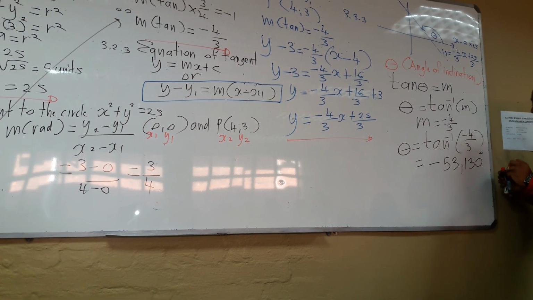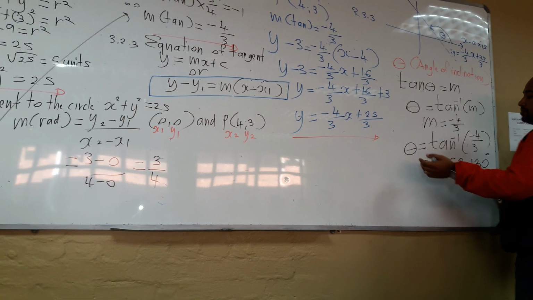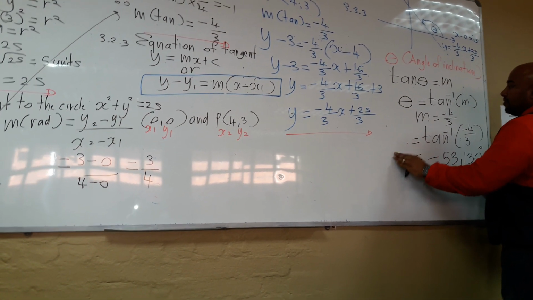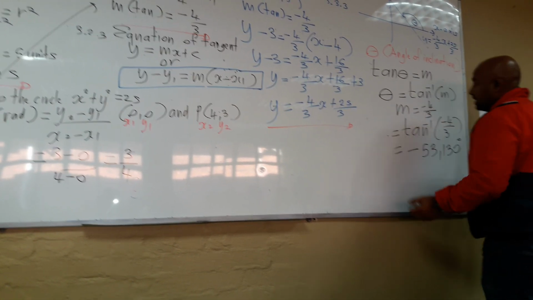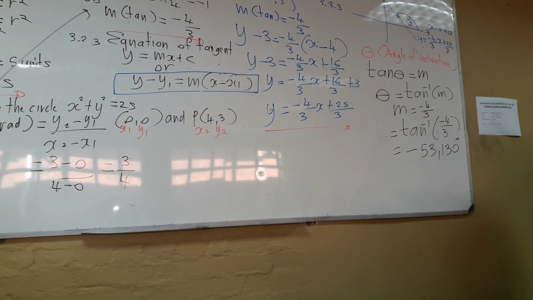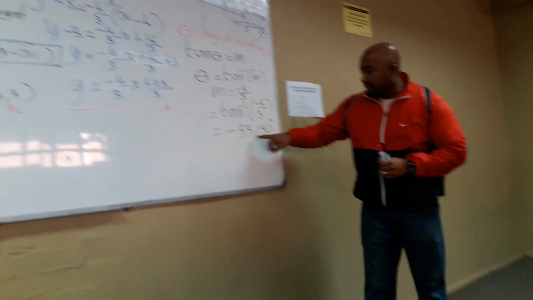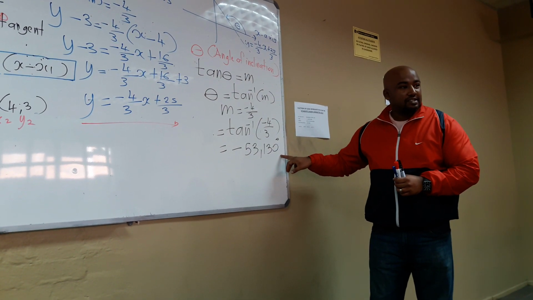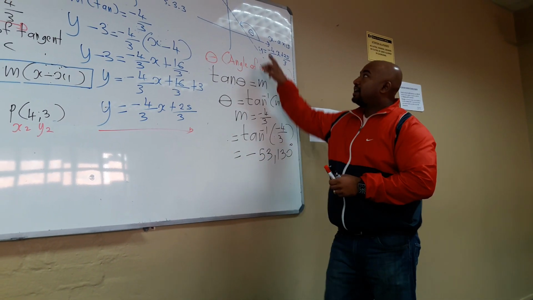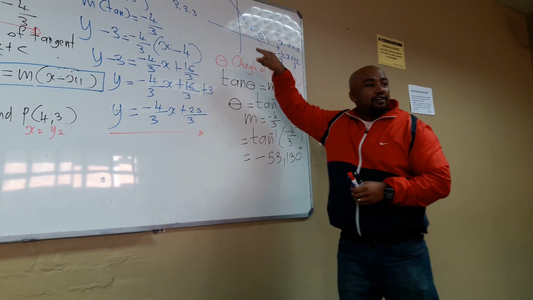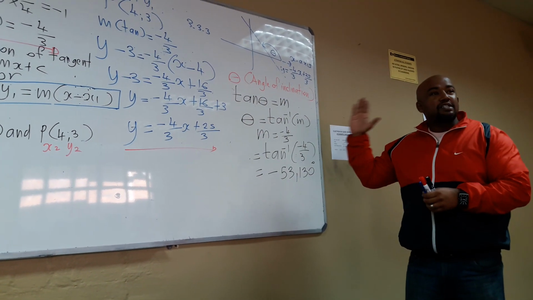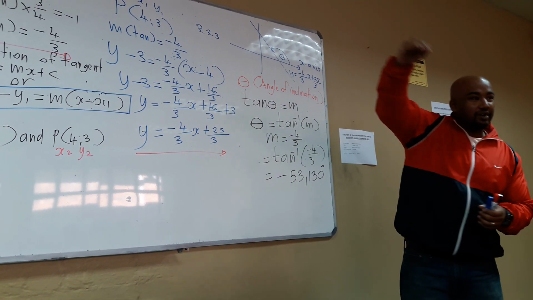130 degrees. Now, okay, we are getting a negative angle, minus 53,130 degrees. So, a negative angle is measured clockwise. A positive angle is measured anti-clockwise, that way.